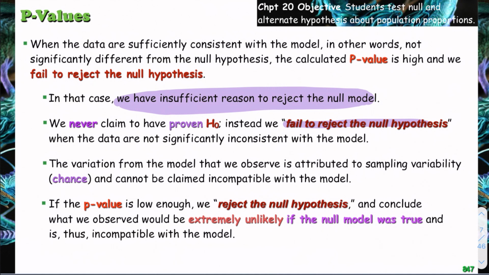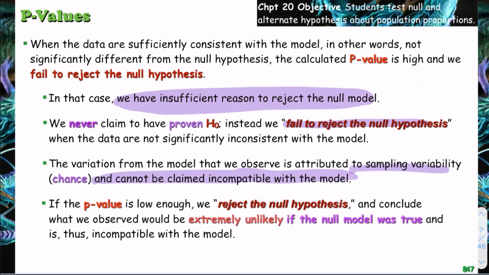The variation from the model that we observed is attributed to sampling variability. Hence why we're using the sampling distribution and all of those techniques, because from sample to sample, we're going to get some sort of variation. It is sampling variability, or chance, and cannot be claimed incompatible with our model.